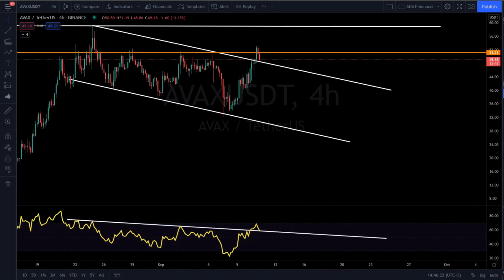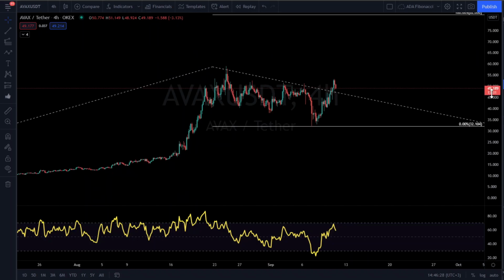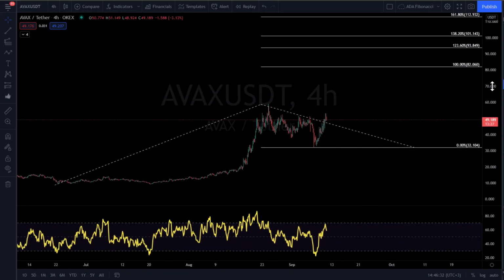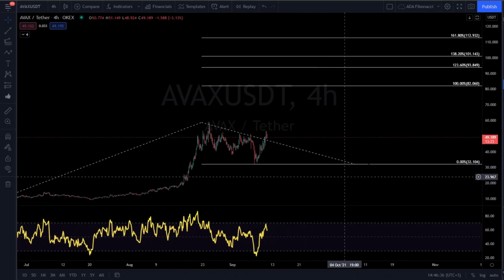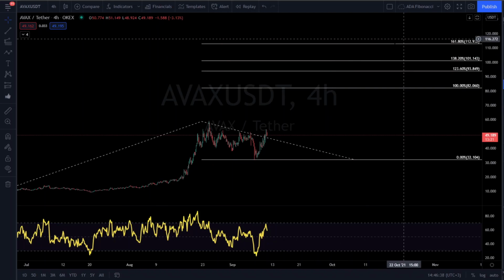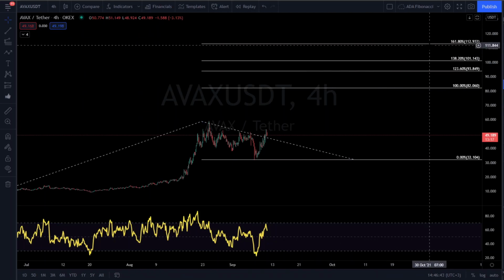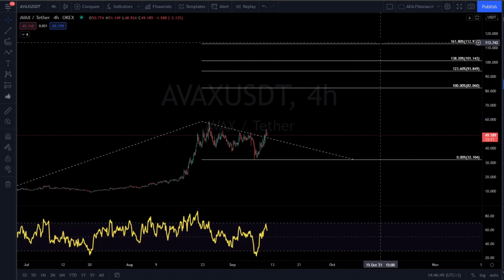And as a quick recap, we're going to take a look at my price prediction for Avalanche. I have a Fibonacci extension from the low to the high, and I'm looking at the 161 or 162% Fibonacci extension in this case as a target for this bull run.